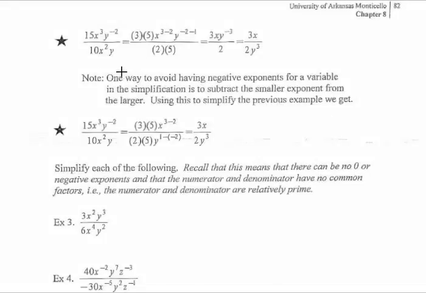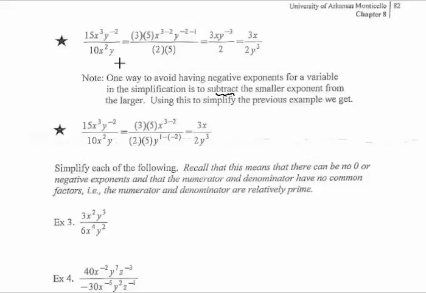So page 82, we have a couple examples, start examples here. What they mention here is that we could avoid negative exponents if we simply subtract the smaller exponent from the larger one.